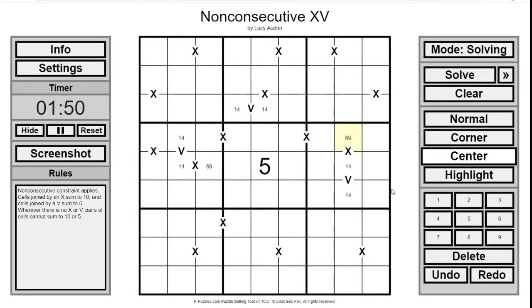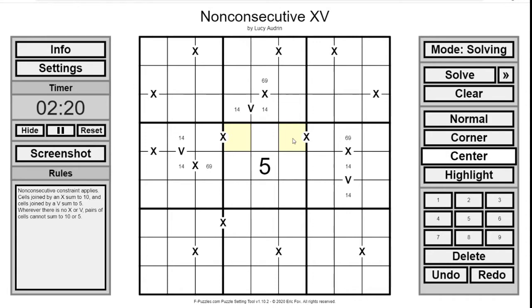I'm not too experienced with this, so don't expect the world's fastest solve. But I'll keep going on with this logic. This is also 9 or 6. So 6 and 4 are very limited in the square.